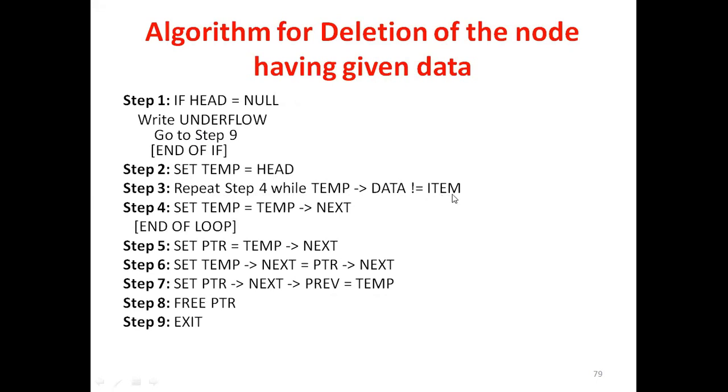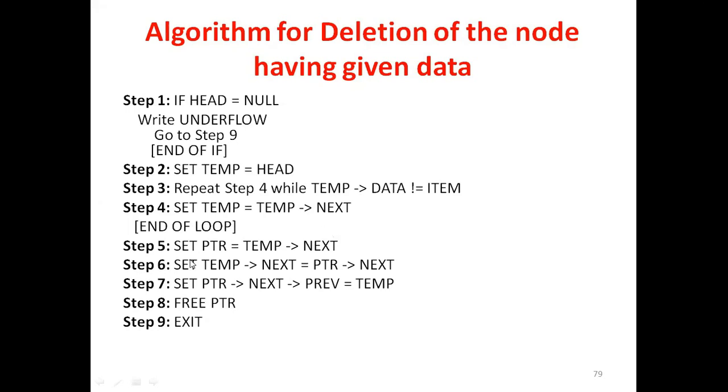Item is the data value that we are searching for, and temp arrow data is the data field of the node pointed to by the temporary pointer temp. So temp points to all the nodes we are traversing, from the first node until we get the specified node value. While temp arrow data is not equal to item, set temp equals temp arrow next.